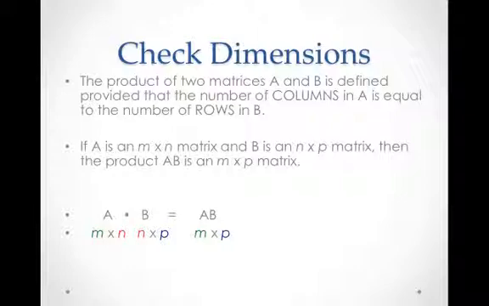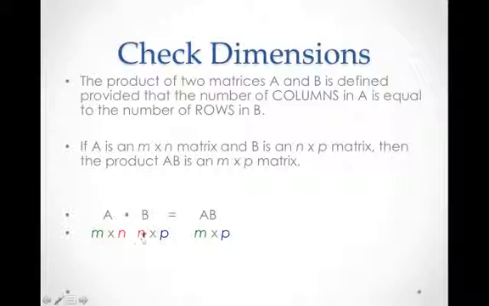Now I think it's easiest to see this with symbols. If you look, I've got A times B equals AB. A has dimensions M by N, and B has dimensions N by P. As long as the number of columns in A is equal to the number of rows in B, you're good to go.